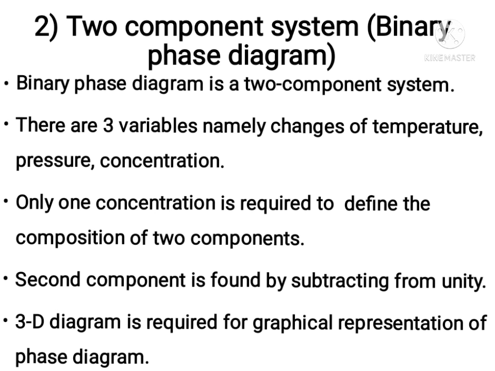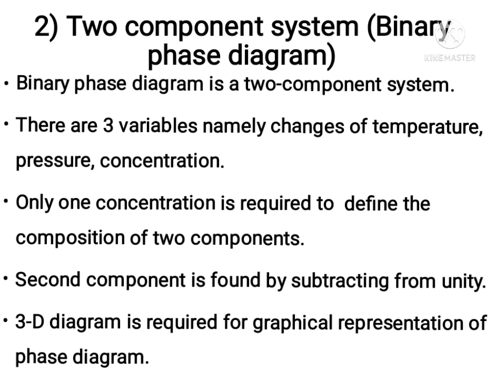Next application of Gibbs phase rule for two component system and the diagram of two component system are called as binary phase diagram. For two component system, there are 3 variables such as temperature, pressure and concentration.